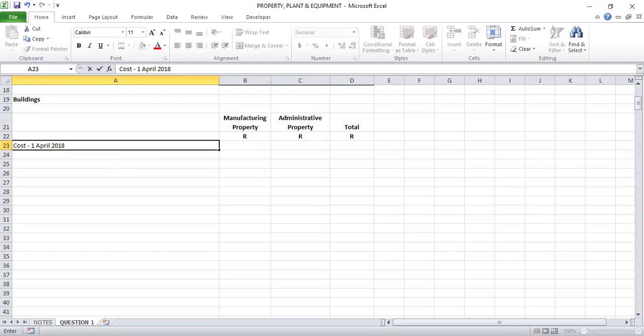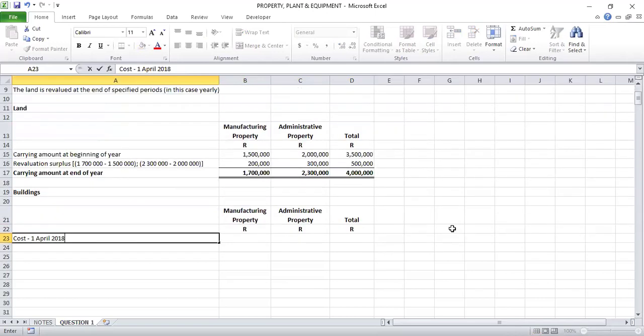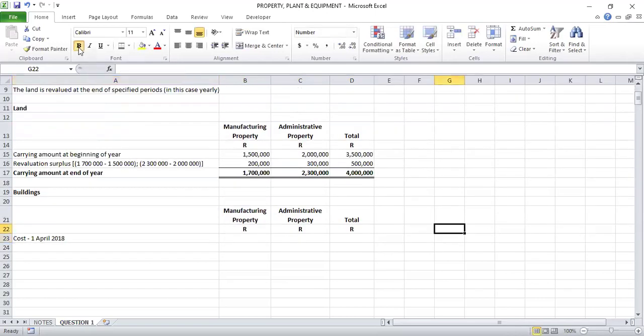Right, when preparing PPE notes, we need the following. Actually, maybe I might try to just do a general layout later.